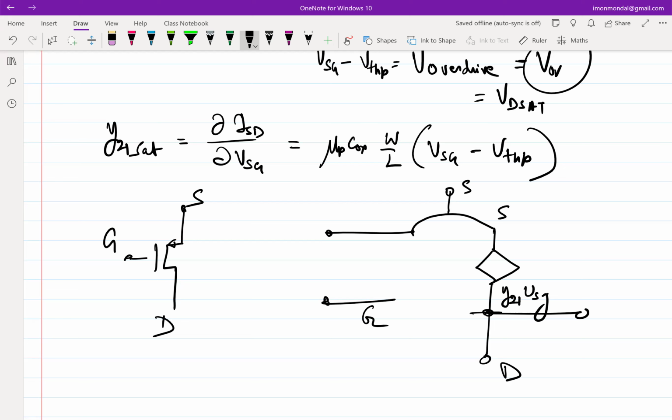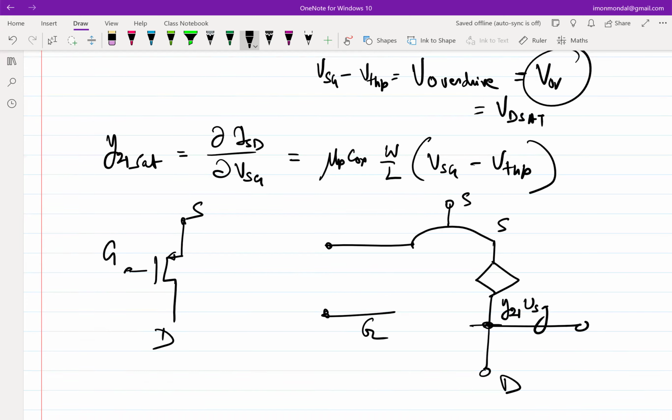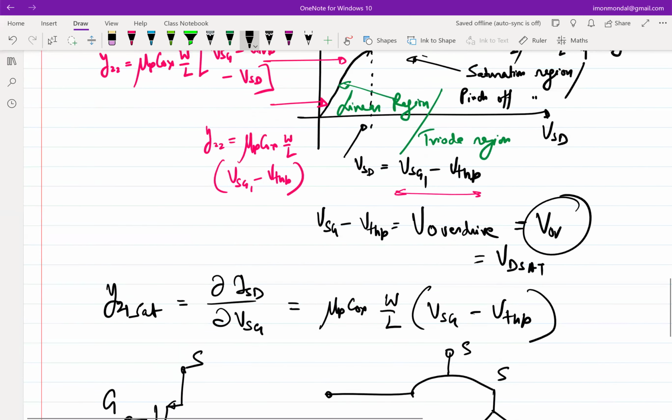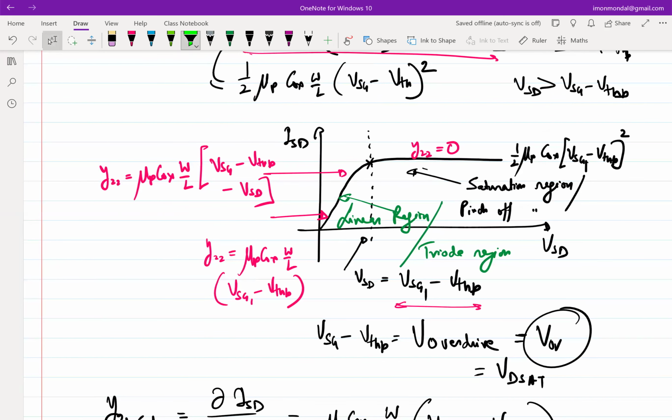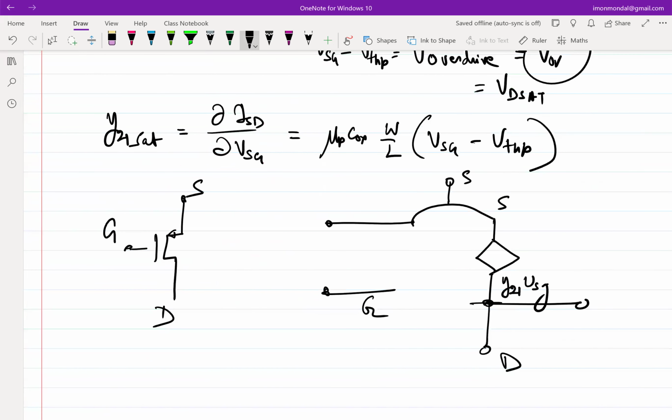That makes sense with respect to the normal device operation in saturation: if I increase source to gate voltage, the current between source to drain will also increase. So these two check out, and I can point the arrow in the direction that I have shown. Any questions?